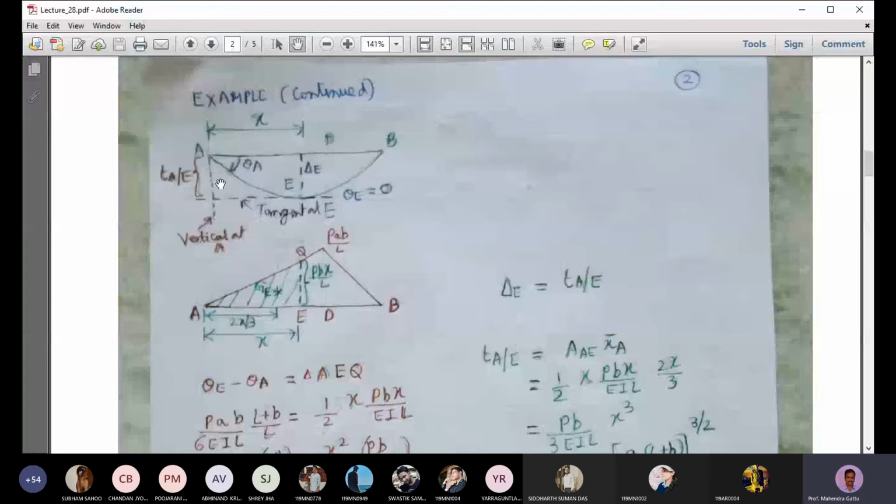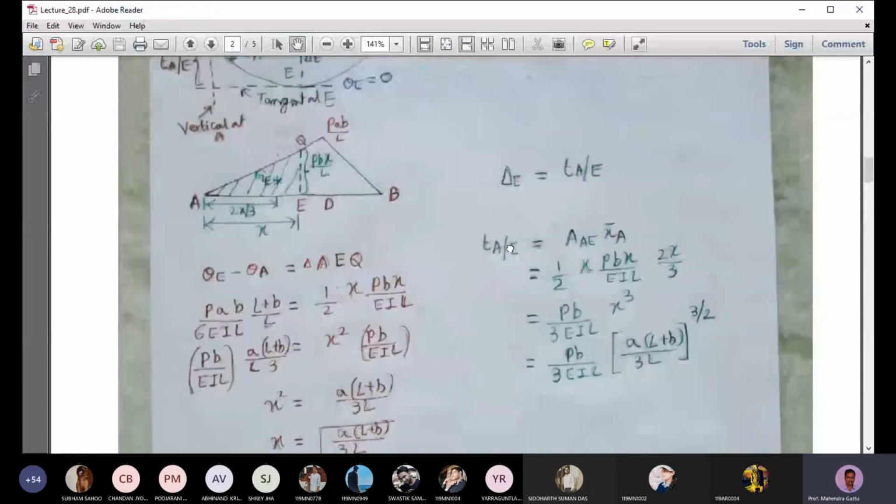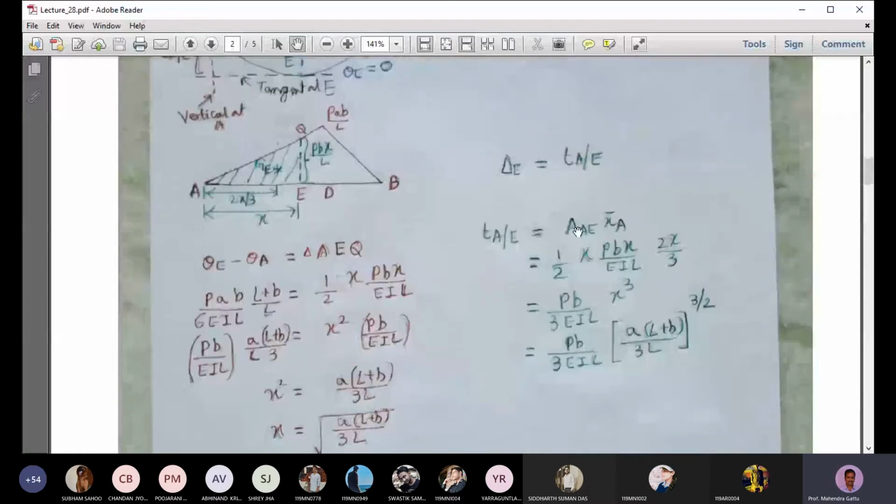Why are we interested in t A by E? t A by E happens to be delta E, because the tangent is horizontal, so this length will be equal to this length, delta E. So delta E is t A by E, the deviation of A with respect to the tangent drawn at E. It will be the area under AE multiplied by x bar A. The area under AE is half base, base is x, height is PBx by EIL, and x bar A is 2x by 3.